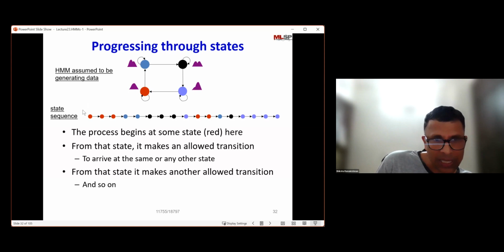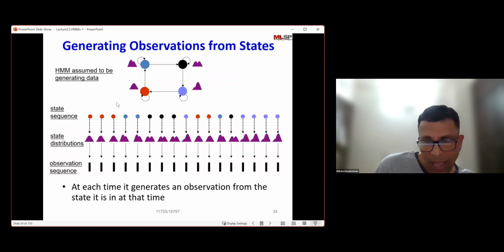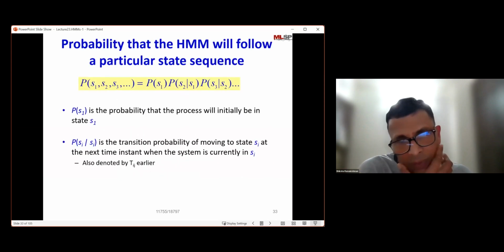So it's just the probability of the first state, and then subsequently you multiply the probability of transitioning from each state to the next state. That product of that sequence of terms gives you the probability of any specific state sequence. Did that make sense, or did I confuse you?